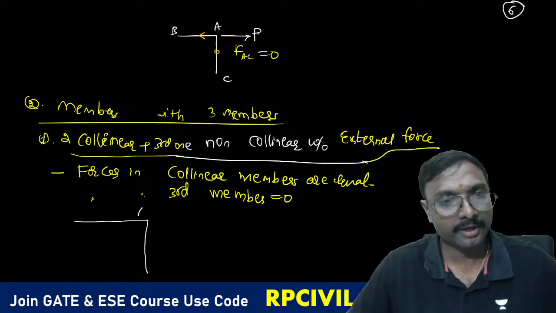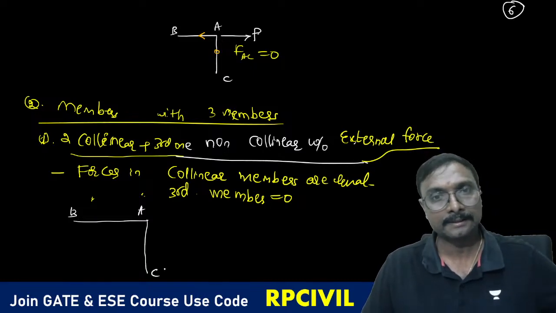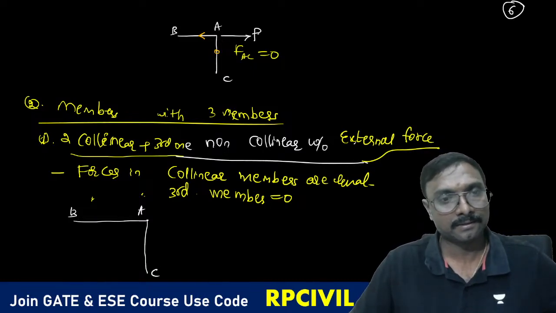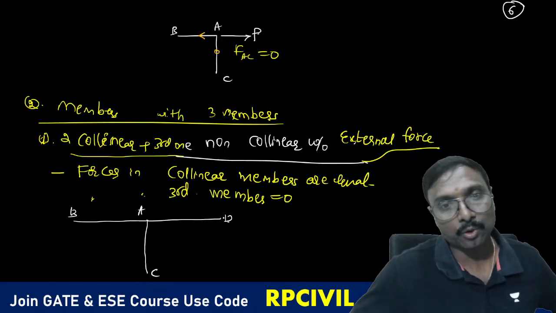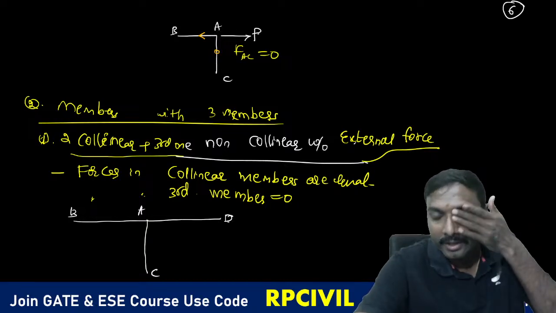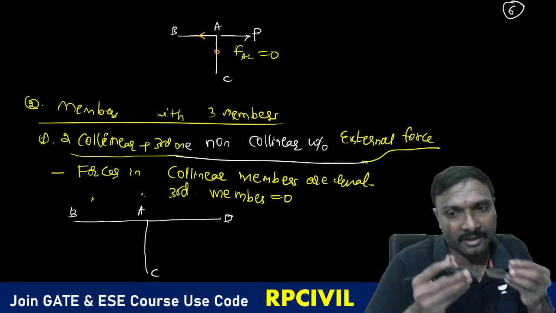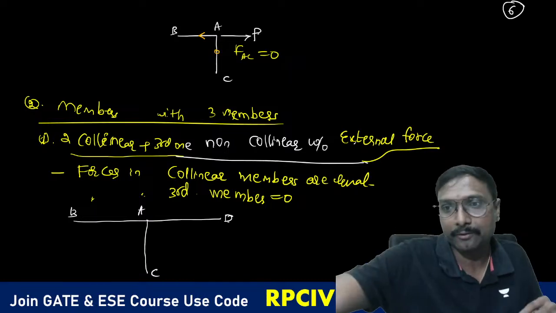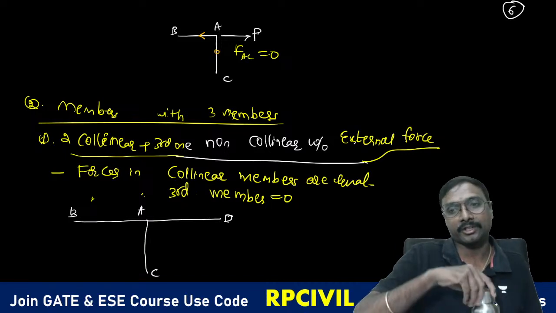So this is your A joint, you can say. This is your B joint. See, now if we just observe, are AB and this AD collinear or non-collinear, everyone? Is external force there or not? External force is also not there, na? AB and AD are collinear, and external force is not there.